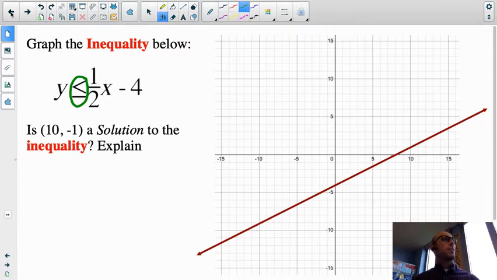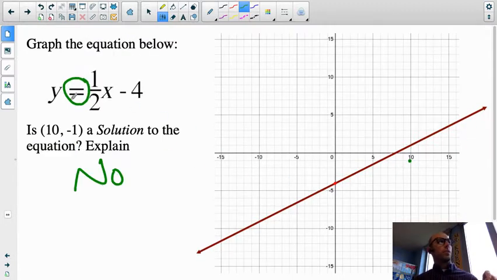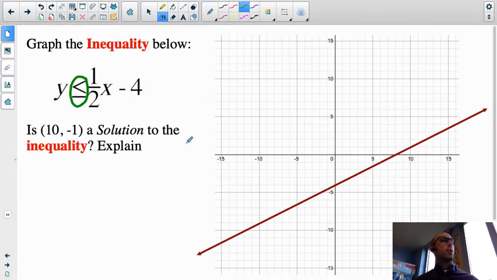Keep in mind, our solutions to this equation were all of these points on this line. Anywhere, we could go anywhere. And the y values of these points were equal to whatever this rule was, and that put us on the line. With an inequality, I don't necessarily need the y values that are equal to the line, so they don't need to be on the line.